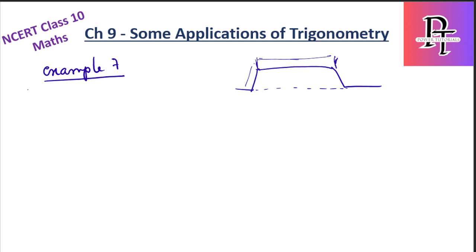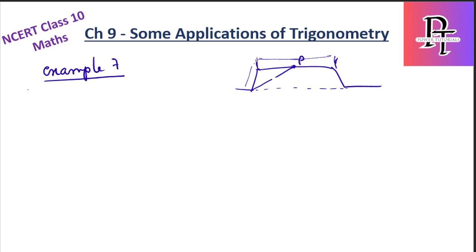So what they are saying is, consider a point on the bridge across a river. Let's consider this as a point here, point P. The angles of depression to the banks on opposite sides of the river are 30 and 45 degrees. So this is a river, and the banks of the river are the corners.